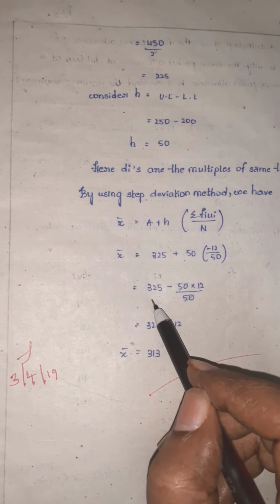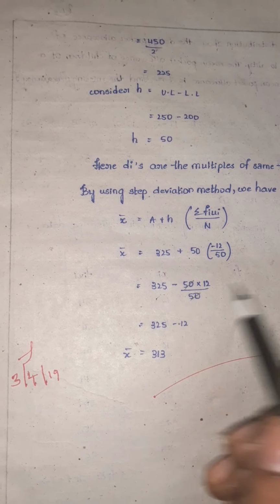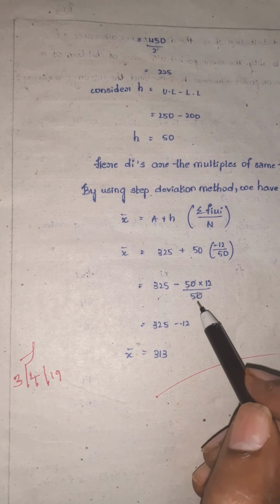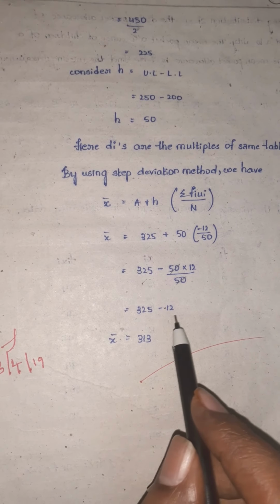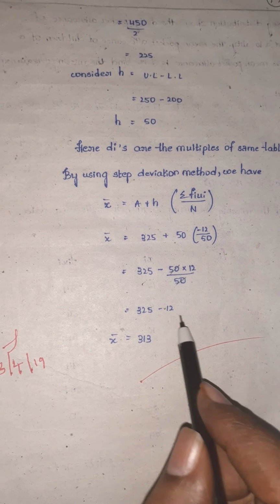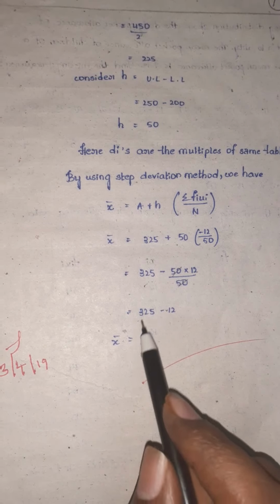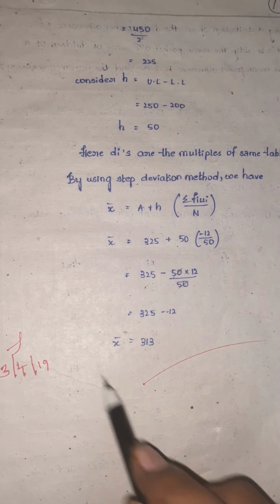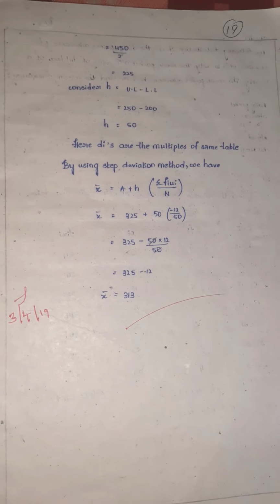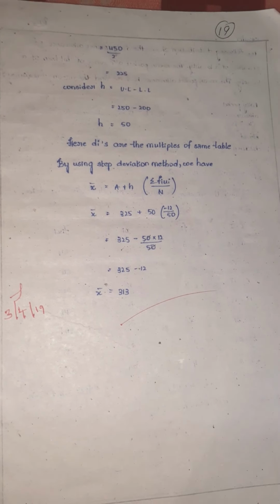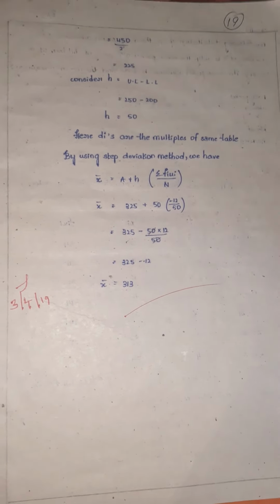So write 325 as it is, plus into minus is minus, 50 into 12 by 50. Cancel 50 and 50. So here 325 minus 12. 5 minus 2 is 3. 2 minus 1 is 1. So 313. So the mean value is 313. In the next session I will tell some more problems.